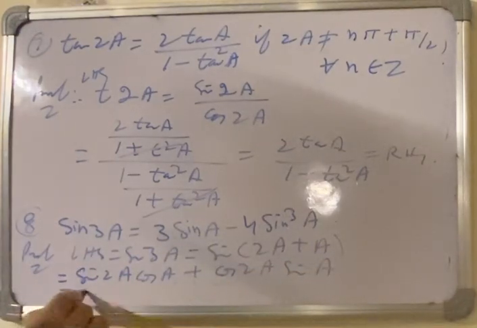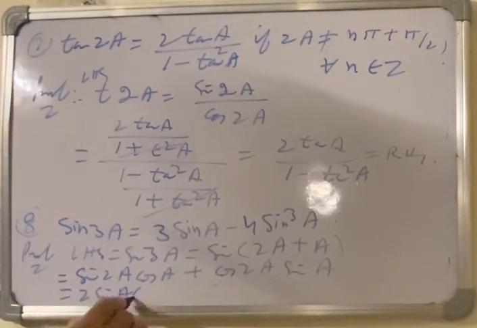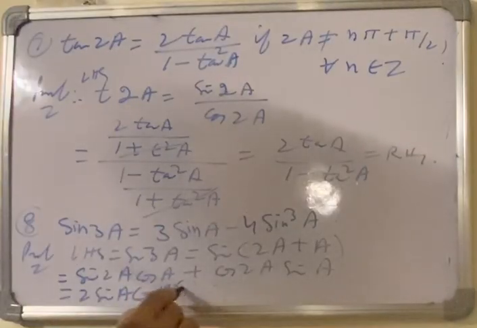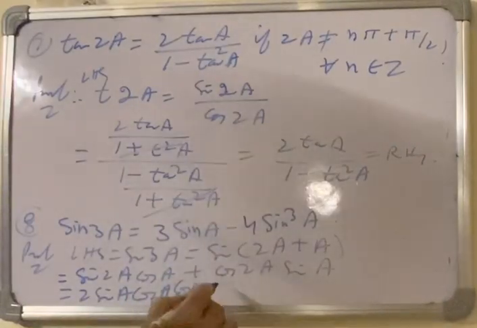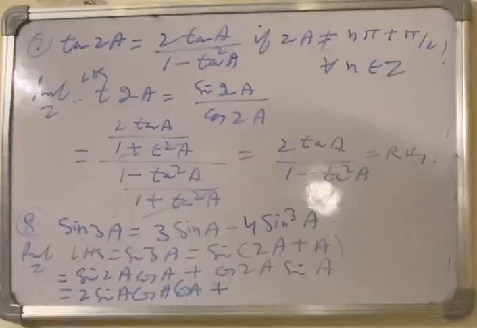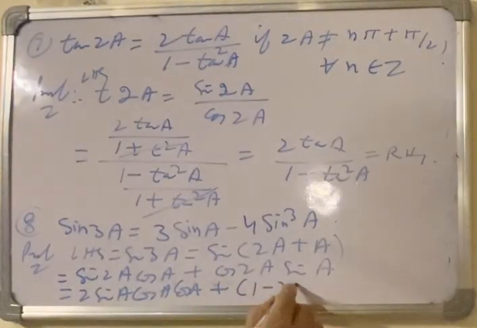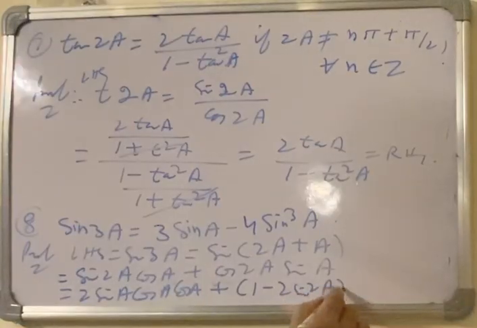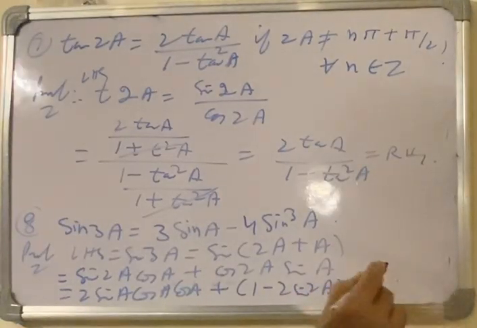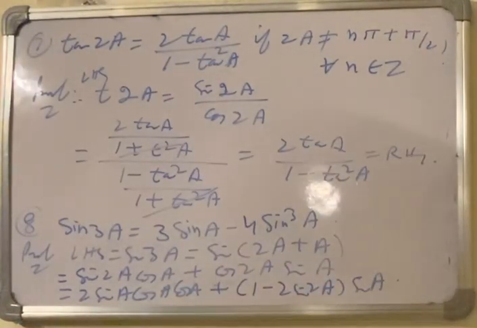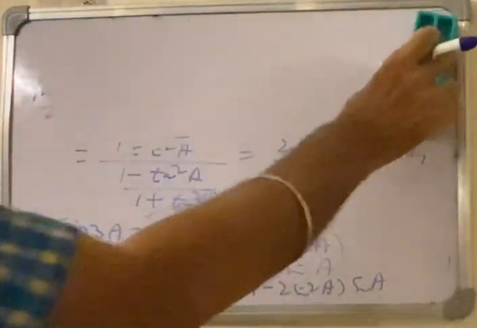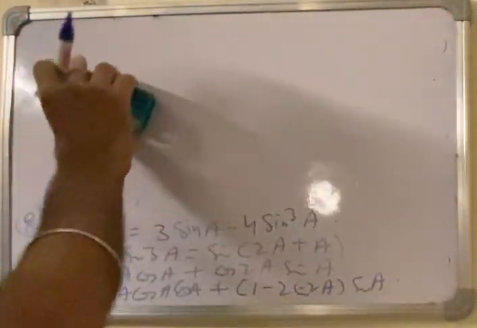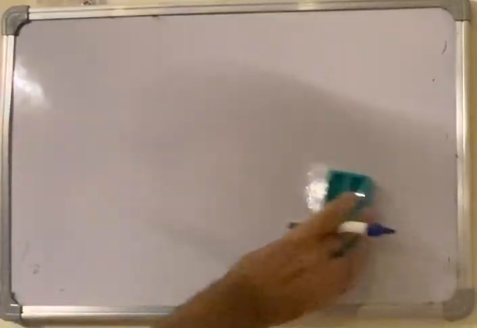Sine 2a is 2 sine a cos a into cos a, plus we put cos 2a in terms of sine, 1 minus 2 sine square a, into sine a. Then we simplify this.